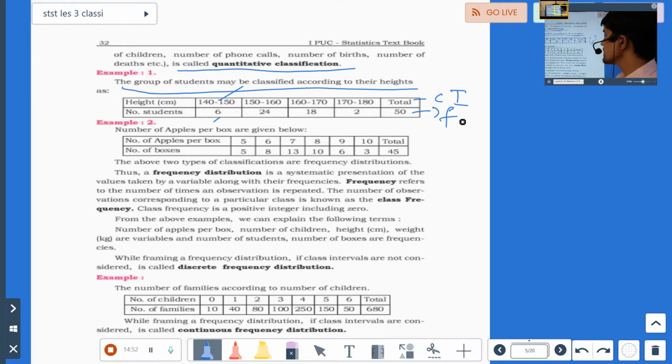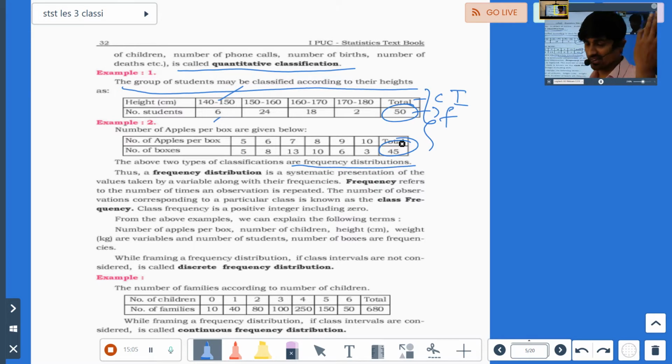The above two classifications are called frequency distributions, because here they have given the frequency, how many times. For 140 to 150, how many students are there? 6 students. So what is a frequency distribution? It is a systematic presentation of the values taken by a variable along with their frequencies.